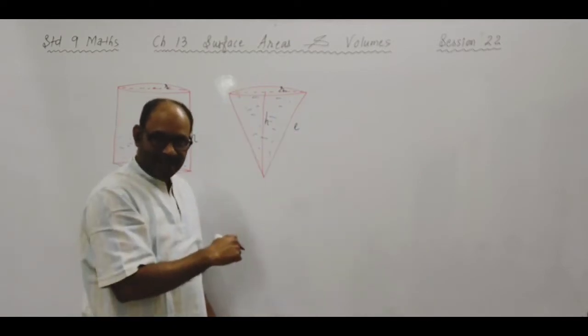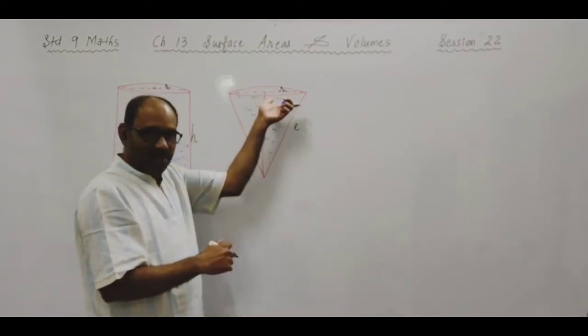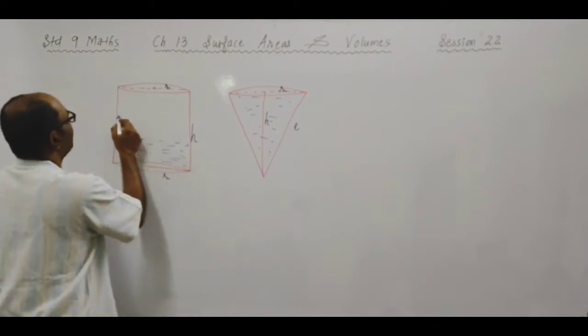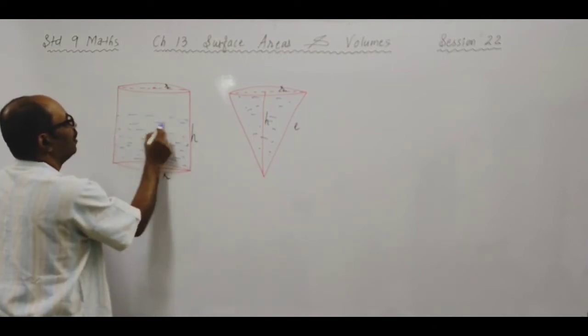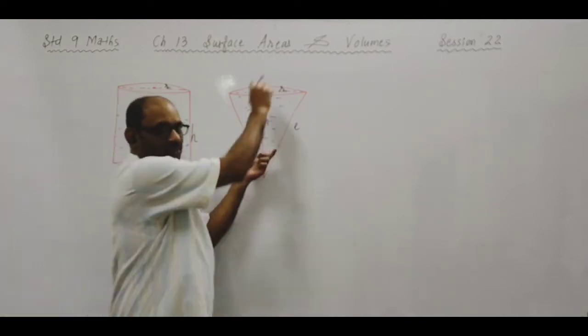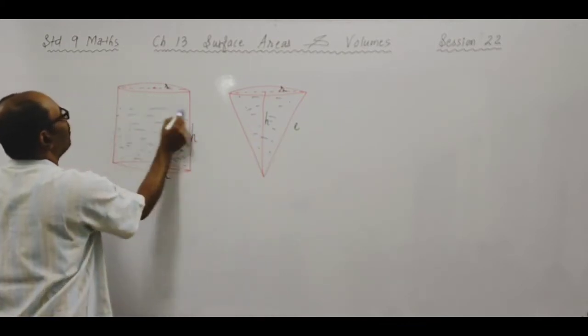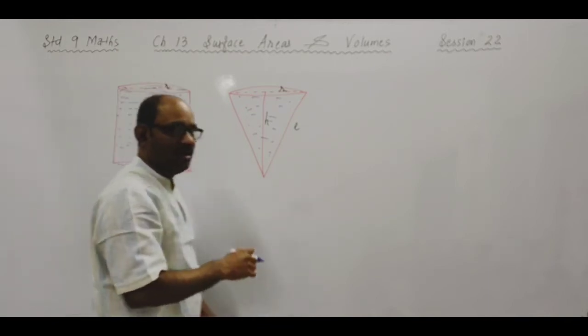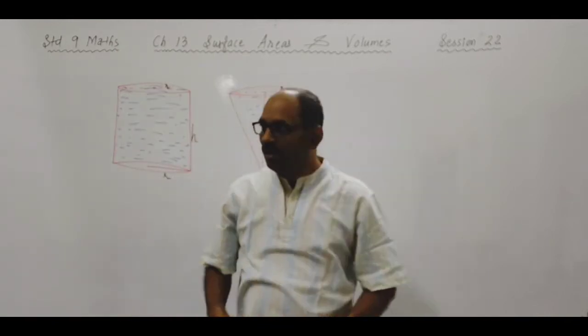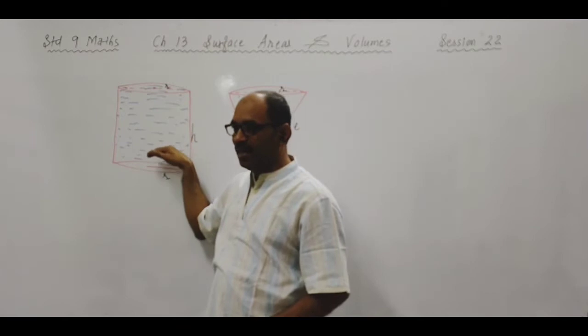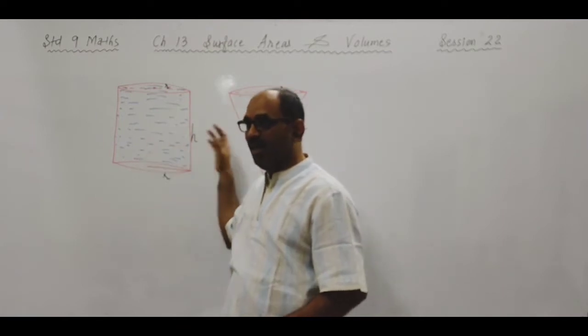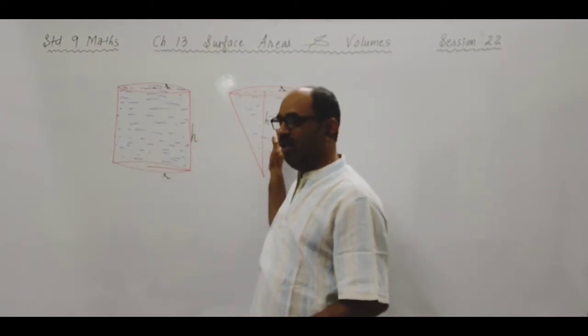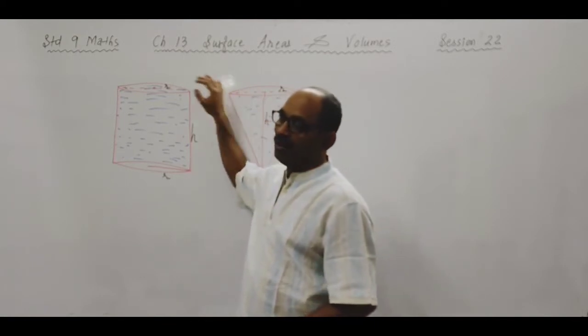They filled again up to the brim, and poured into this. Again they filled, third time they poured, and it reached the brim. The water was accommodated in the cylinder exactly when you poured 3 cones of water.